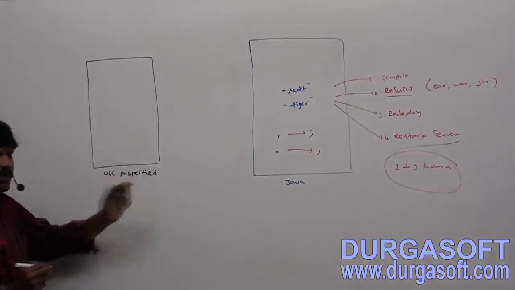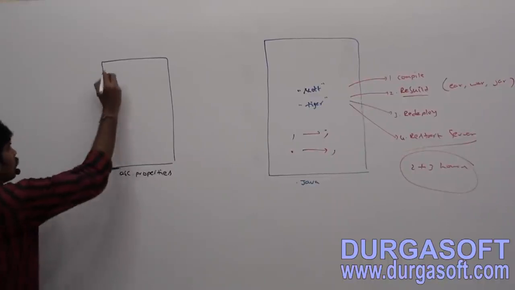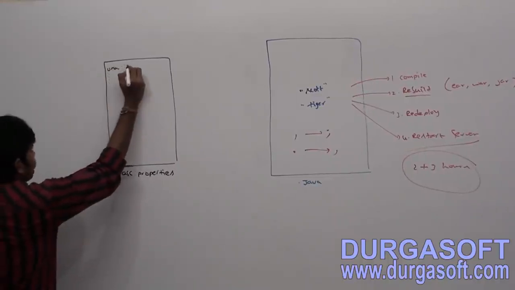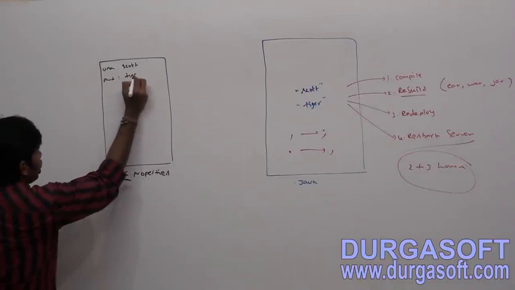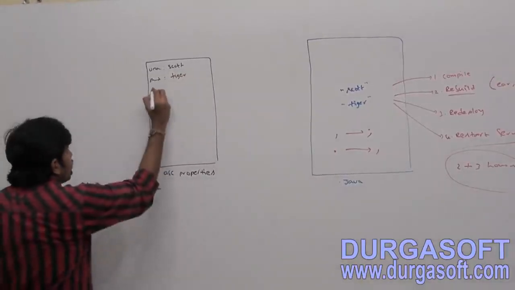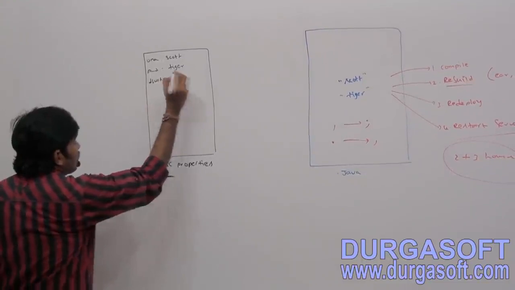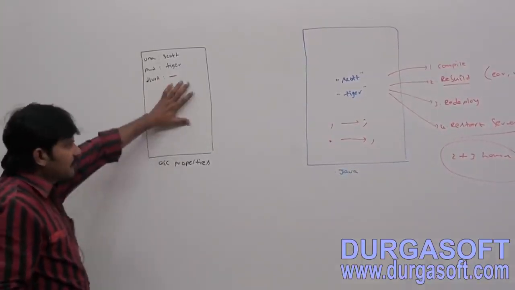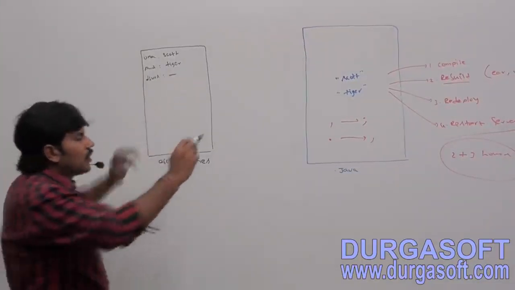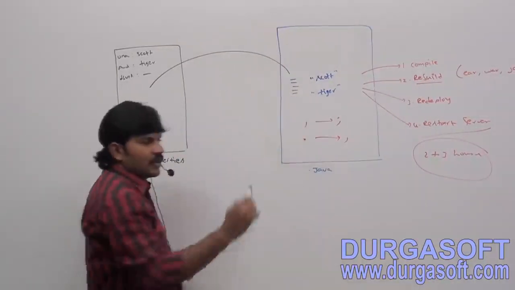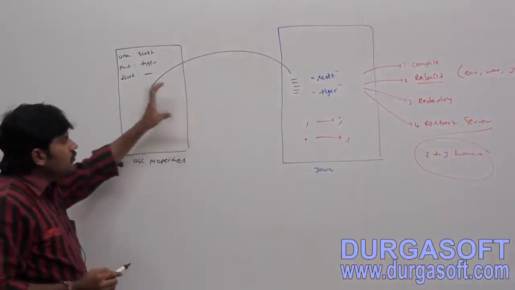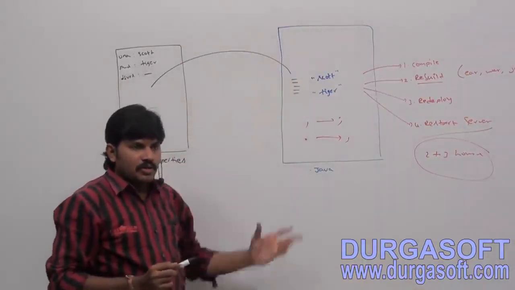So in the properties file we configure, sir, username is Scott, password is Tiger, db url is so and so. From the Java program, read these values and use them in our program.